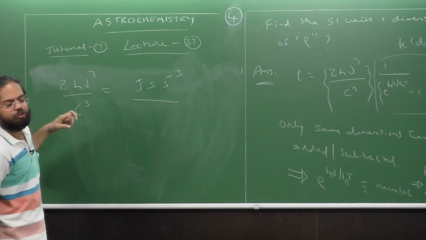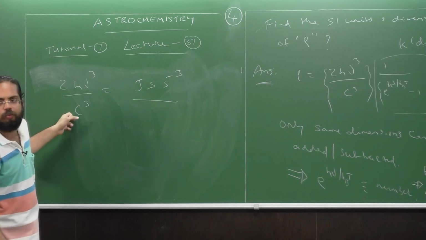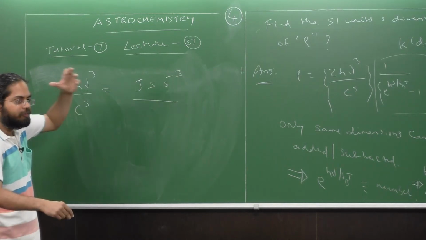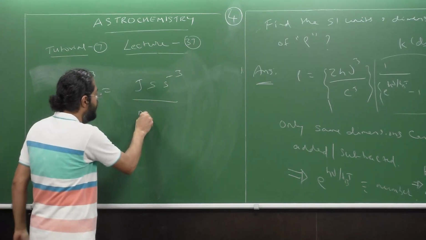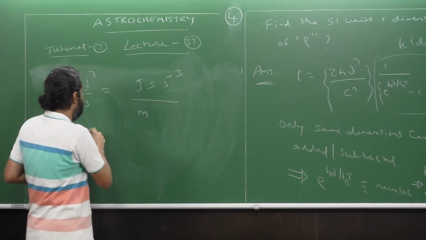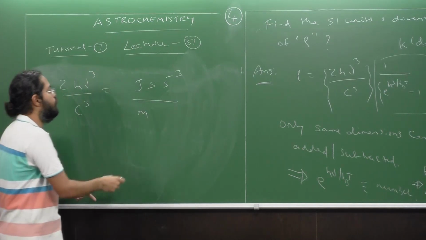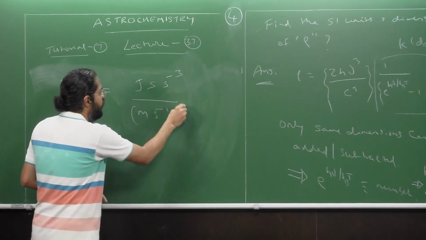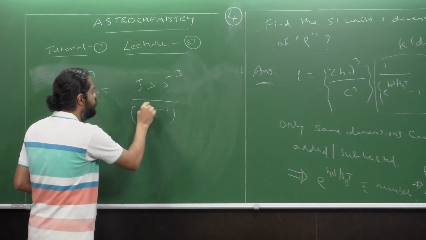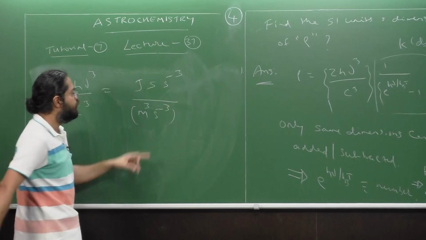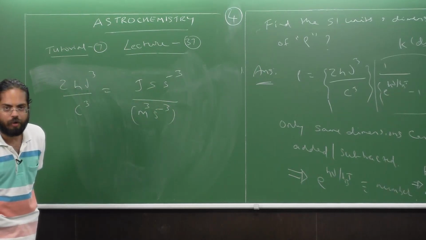And what is c? It's the speed of light or velocity of light. And what are the dimensions of it? It's meter per second. But this is c cube, so meter per second, the whole cube. So this is going to be meter cube, and s to the power minus 3. Are we good?